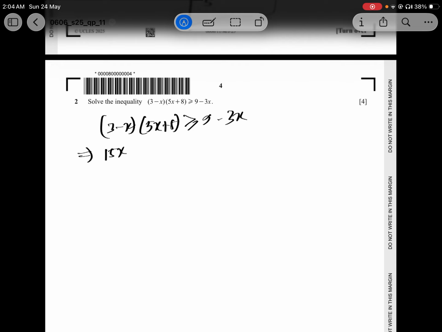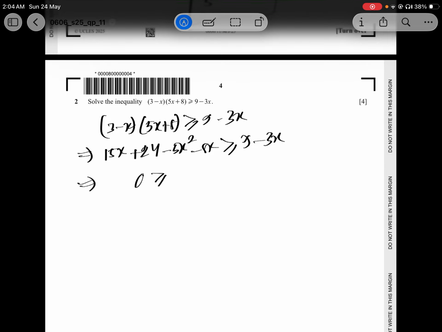So 15 of x plus 20 minus 5x squared and then minus 8 of x. See guys, I'm super stupid. Okay, so I'll make it 0 here.